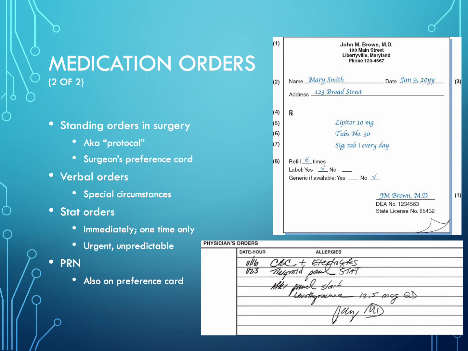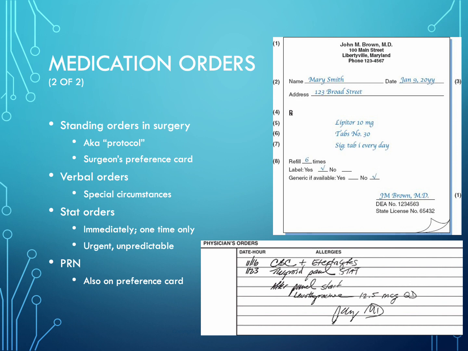Now, a standing order, or protocol as you might hear it called, is the first type of hospital medication order. And while hospitals at large may have standing orders that guide the use of prophylactic antibiotics prior to surgery, in the operating room, our standing orders come from the preference card.